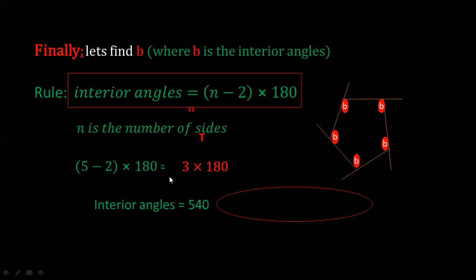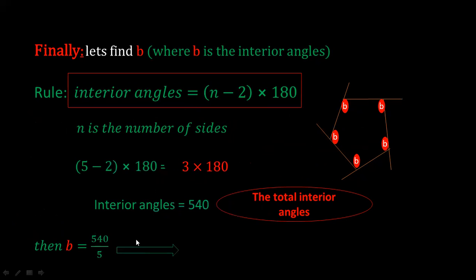Note that 540 is the total of all the interior angles together. To find B, we divide the total value by the number of interior angles. We have 5 angles, so we divide 540 by 5, because the number of angles is 5.